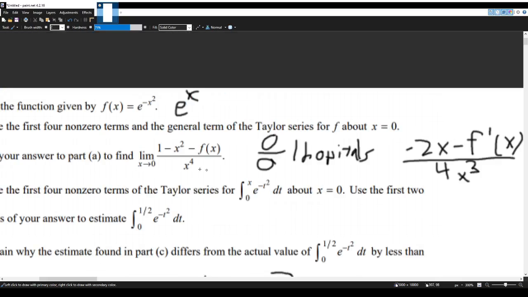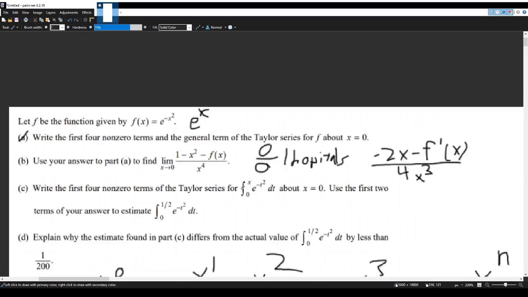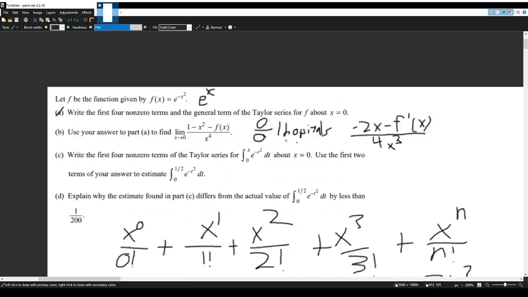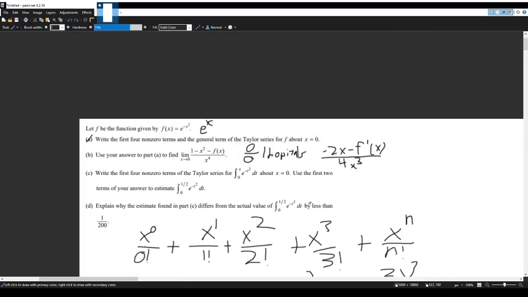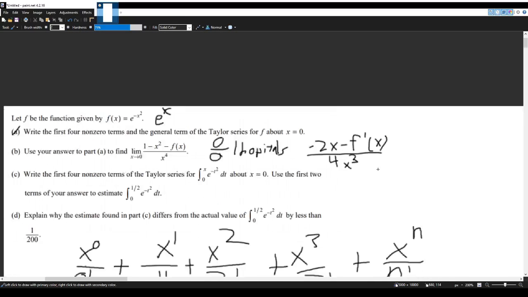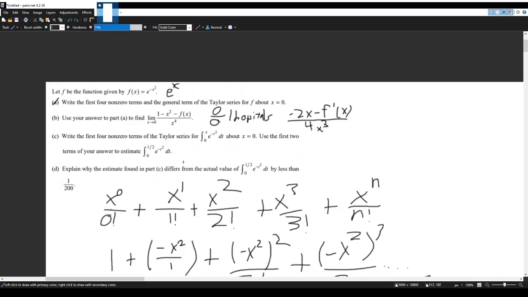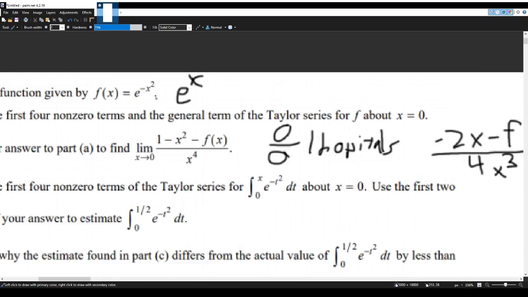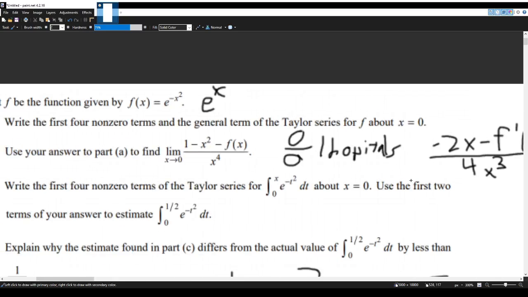So now we have 0 on the bottom still, and 0 minus f prime of 0 is still 0.